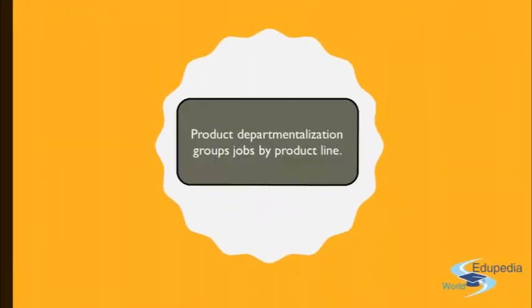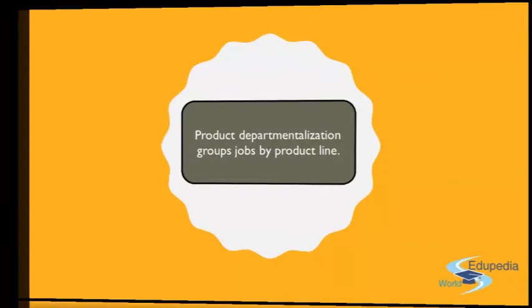Product departmentalization groups jobs by product line. In this approach, each major product area is placed under the authority of a manager who is responsible for everything having to do with product line. Like for example, Oriflame sells lipstick, eyeshadows, blush, and a variety of other cosmetics represented by different product lines.